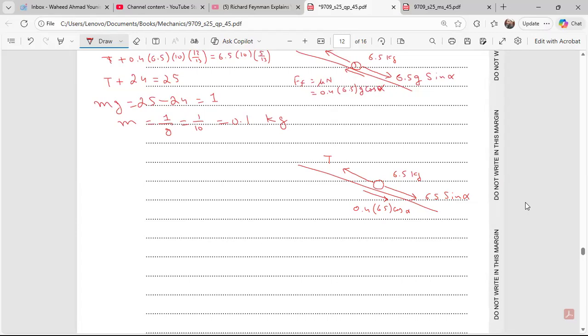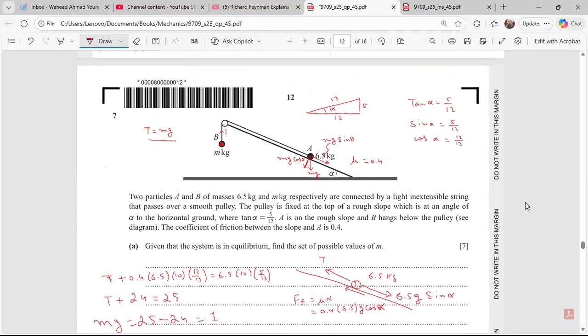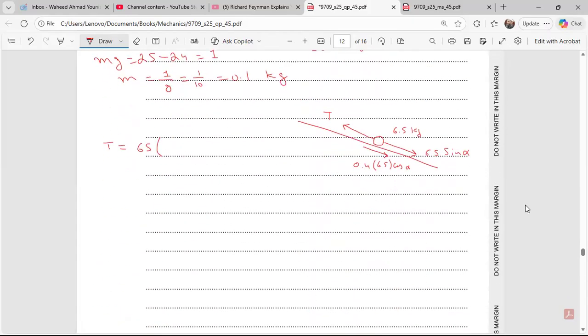Okay, so now you can see that this T is equal to the sum of these two forces, which is 65 sine of alpha, and sine of alpha, we know it was 5 by 13, plus 0.4 into 65 into cosine alpha, which is 12 by 13.